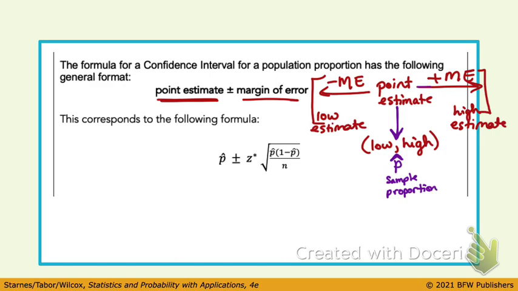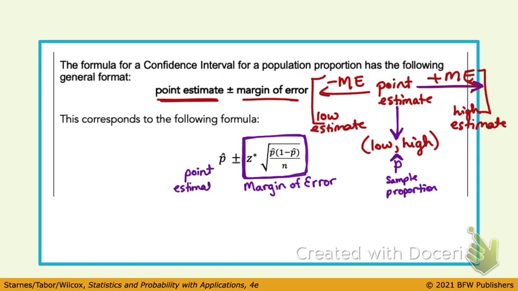The distance that you go from the point estimate out to either side is made up by multiplying these 2 values together. This is your margin of error. So we have our point estimate, which is our p hat, plus or minus our margin of error. And the margin of error is made up of these 2 things.